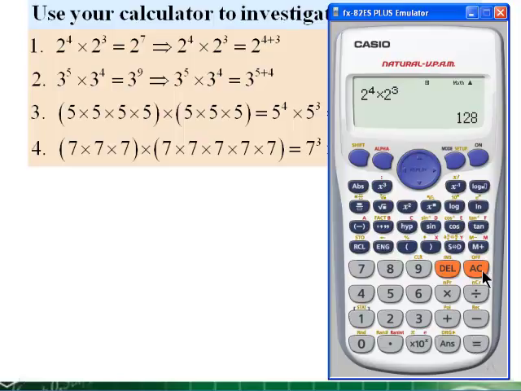And if I convert this particular product or write it in terms of its prime base, then clearly on the screen you will see that 2 to the power 4 multiplied by 2 to the power 3 is the same as 2 to the power 7.